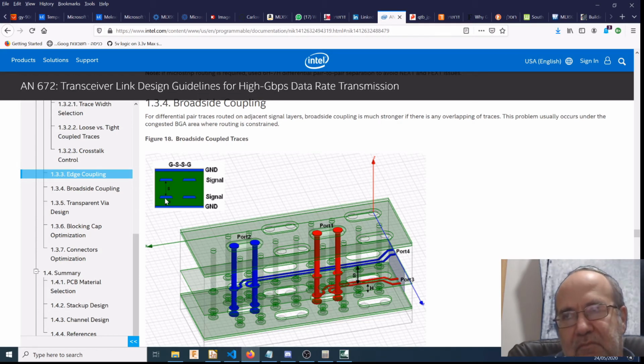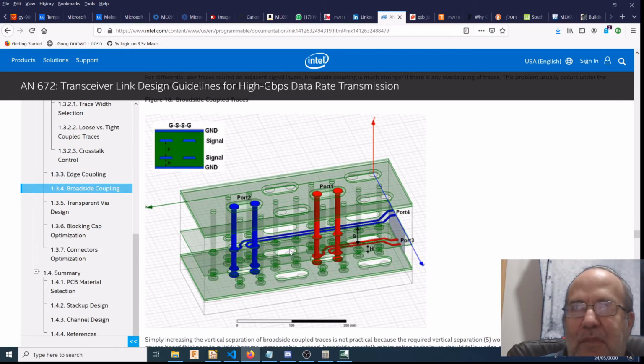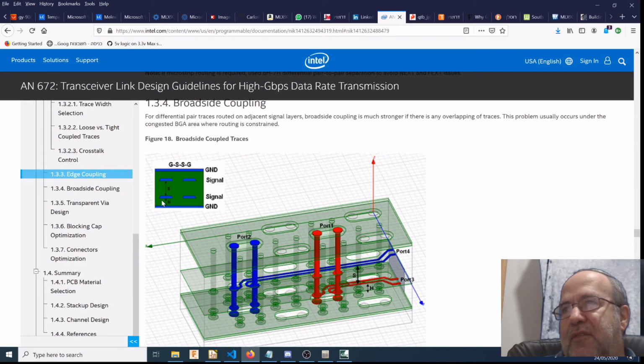So this differential pair is going to affect this differential pair, depending on how your stack up is built, depending on how much it's going to do it. To be noted here is you have ground, signal, ground.